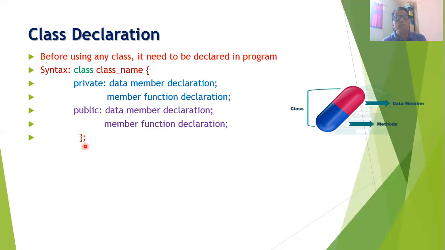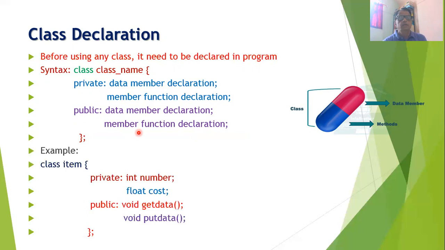Remember that when a data member or member function is declared private to the class, it can be accessed only within the class. It does not have any access outside the class. When a data member or member function is declared public, it can be accessed even outside the class.